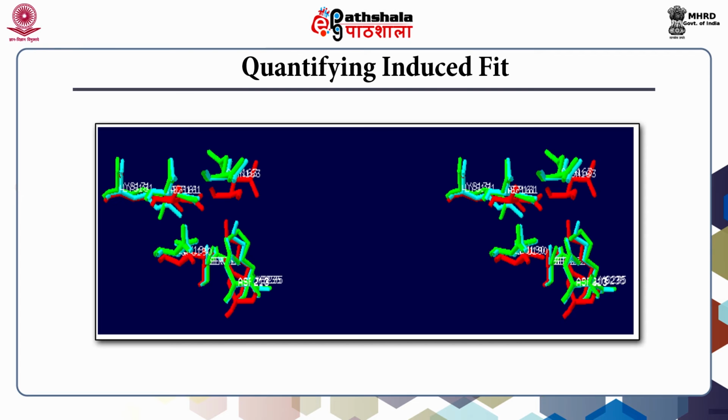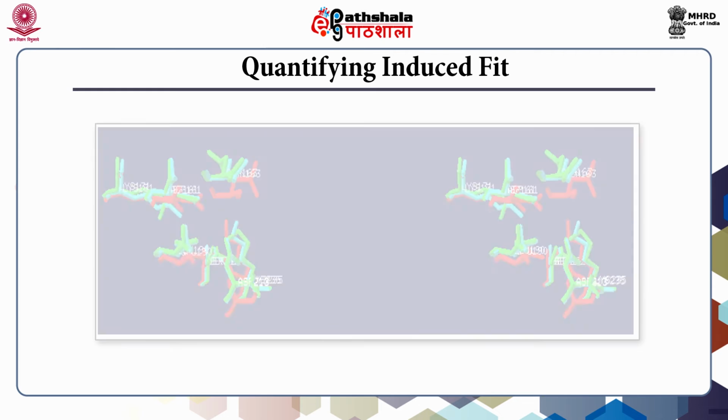We find that the active site residues in the substrate and product bound OSBS, shown in green and cyan color, are nearer to each other than to the residues present in the free OSBS, which is colored red here.